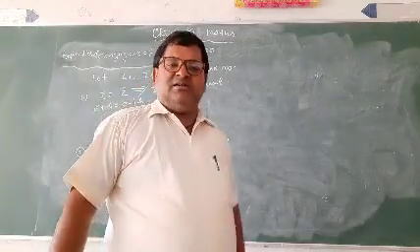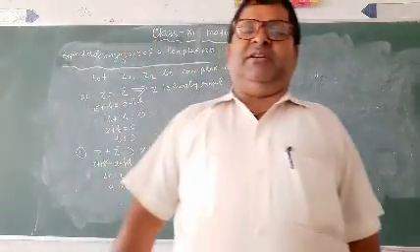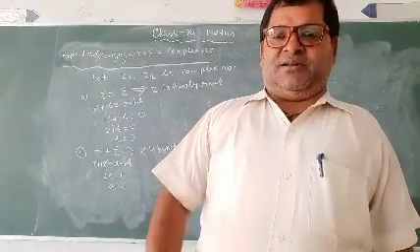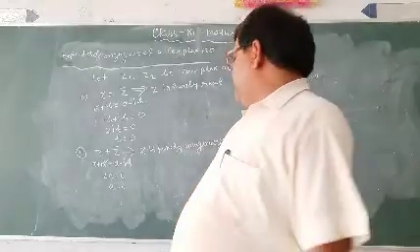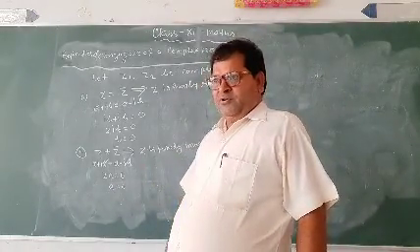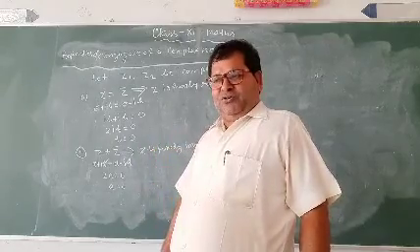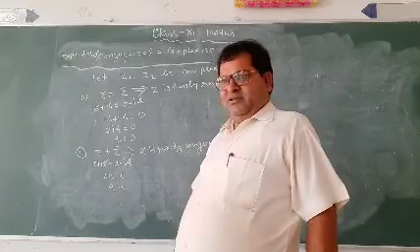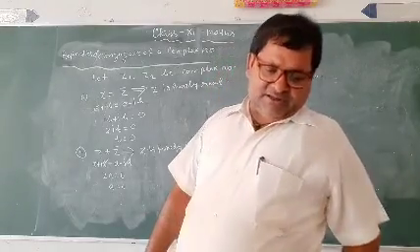This is the second property of the conjugate of a complex number. Now here the real part is 0. When the real part is 0, then the complex number is purely imaginary.